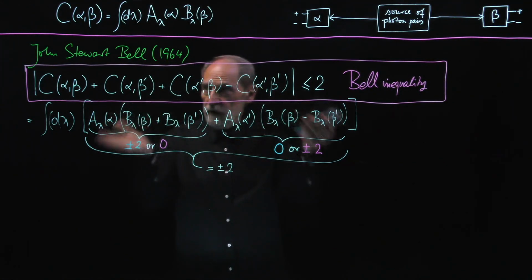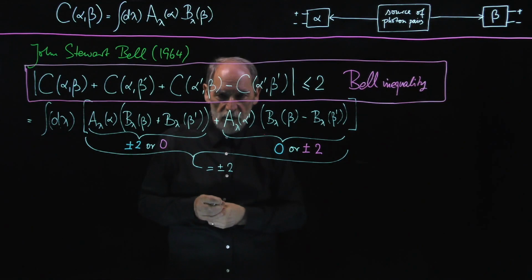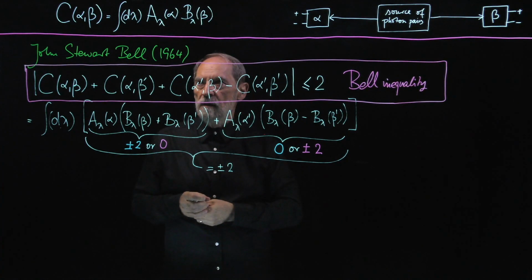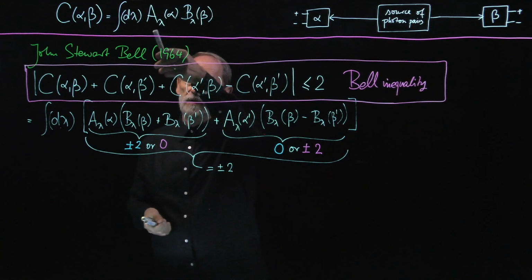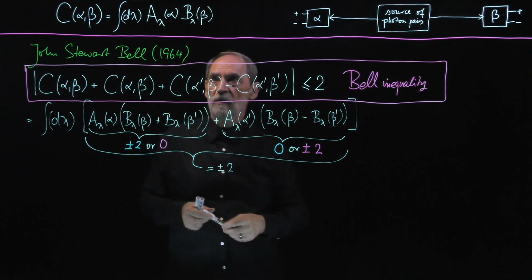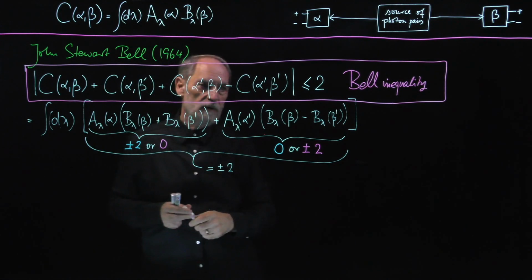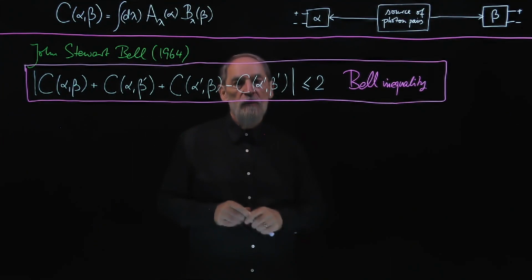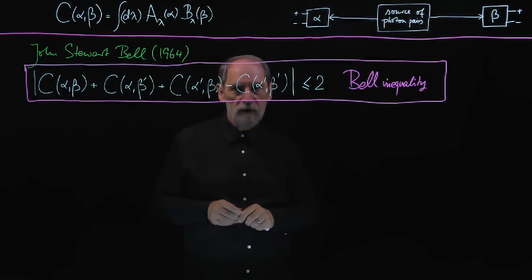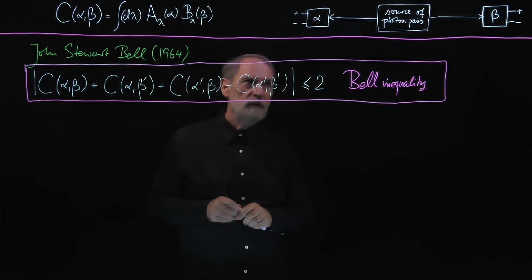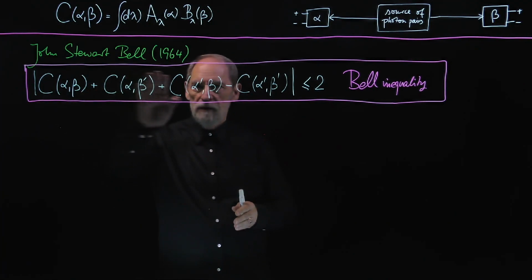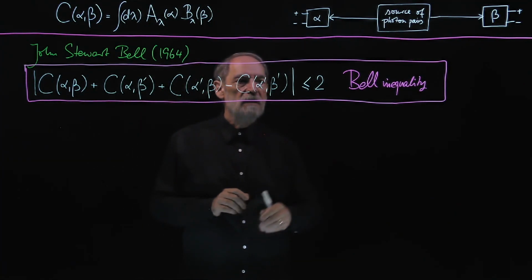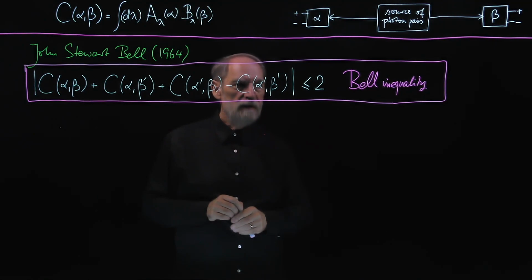Now, it looks very plausible as it was derived. After all, we are not making any strong assumptions except that there is a mechanism of a quite general sort that gives us these expressions for the correlations. Now, what about the data of actual experiments? Well, such experiments can be conducted, and if we take the data and calculate the correlations, sometimes we find values which are really larger than 2.